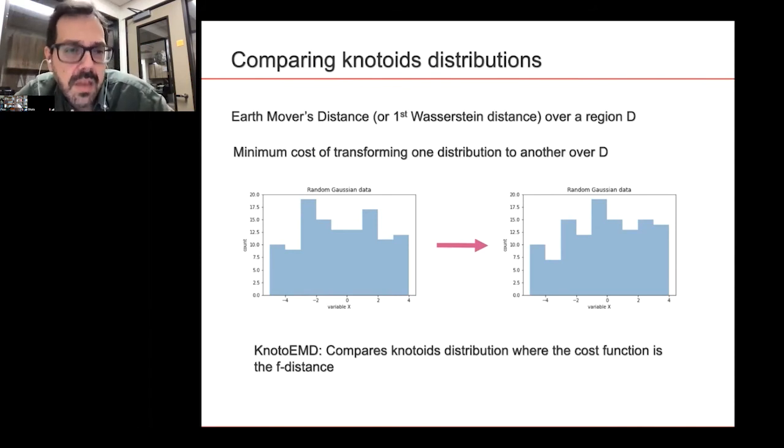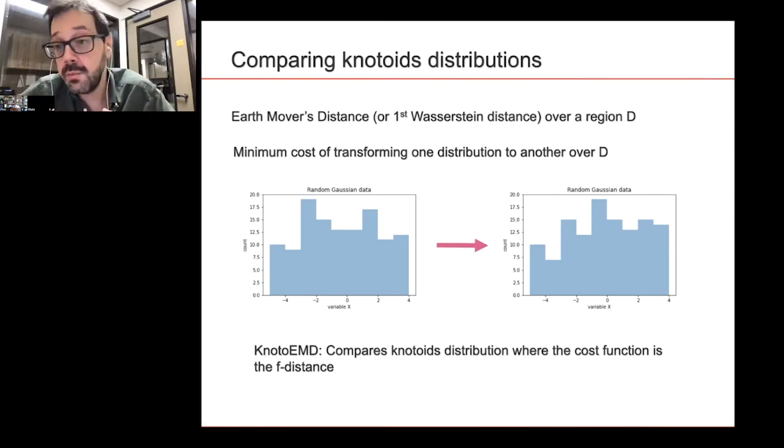So the Earth mover's distance can be imagined as the minimum cost of transforming one distribution to another over the same region D. And I have two examples here from random Gaussian data. Okay, and you can imagine each bar here being a pile of earth. That's the minimal work that I need to spend to move dirt around to transform one histogram to the other one.